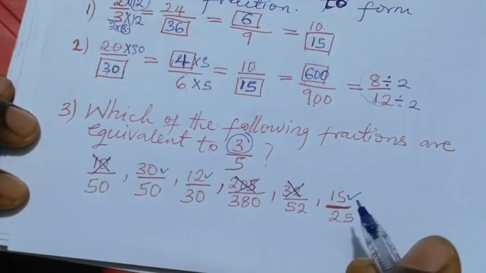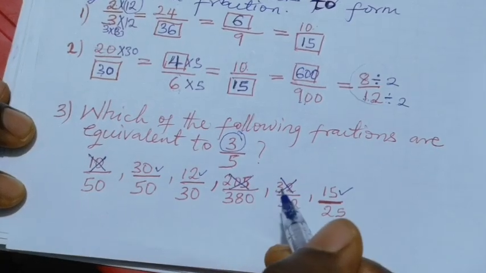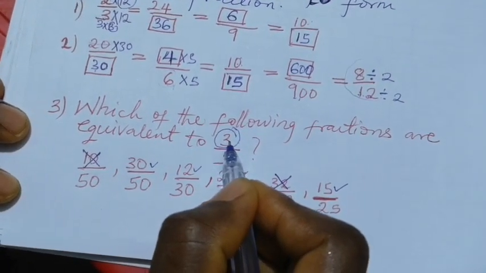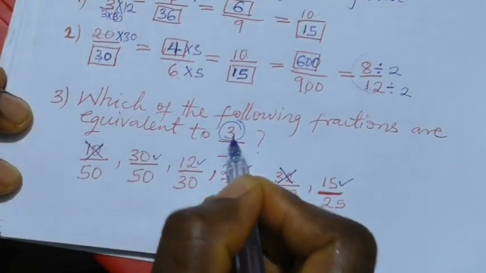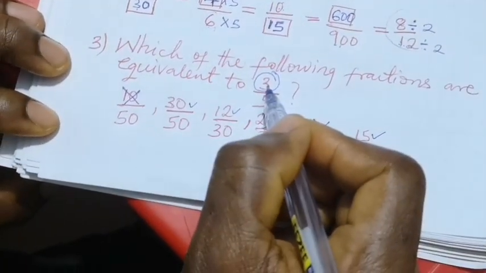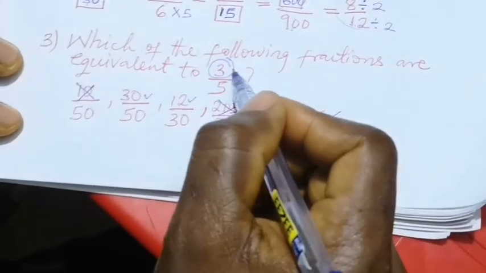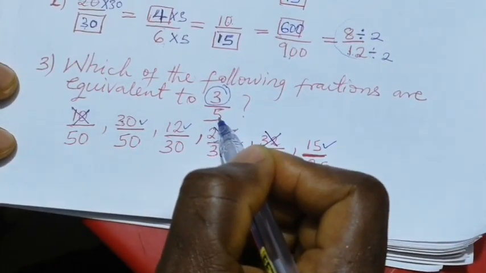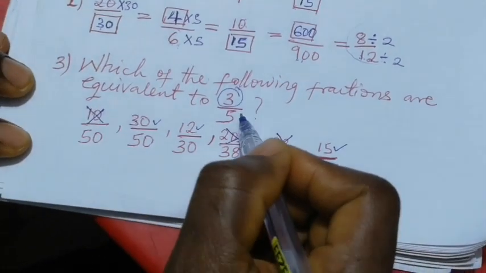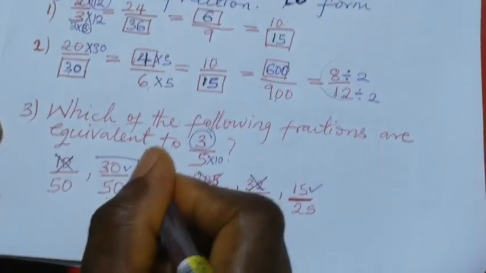Then after finding the multiples of 3, I will come back again and ask myself, 3 times what will give me 30? Then 3 times 10 is 30. Then that 10, I will use it and multiply the denominator to see if I will get the same number that is here. So 5 times 10 is 50. So this one is going.